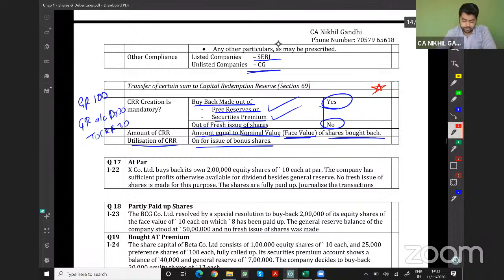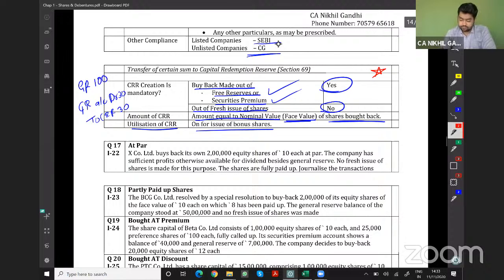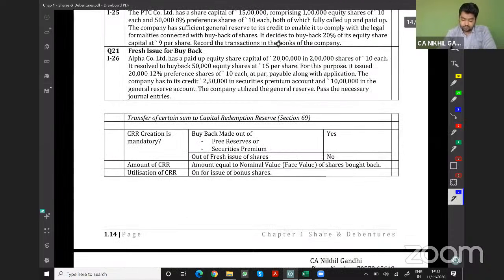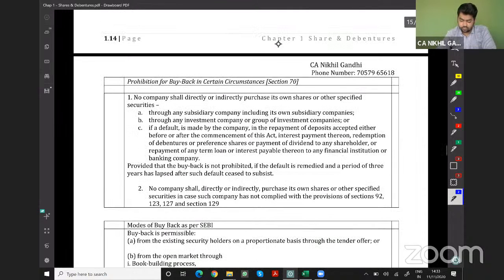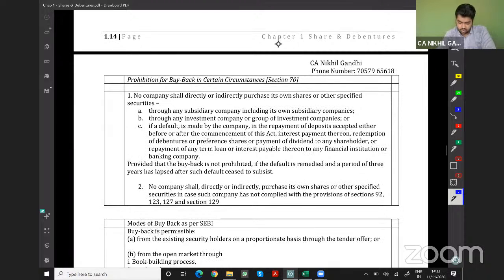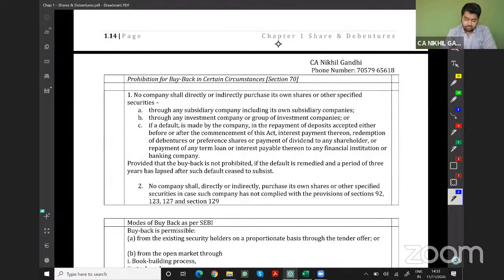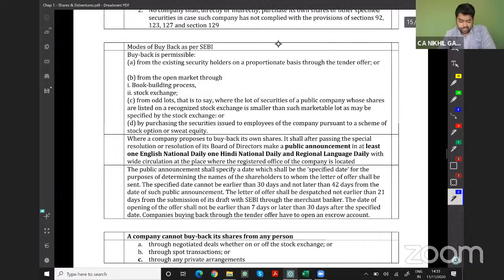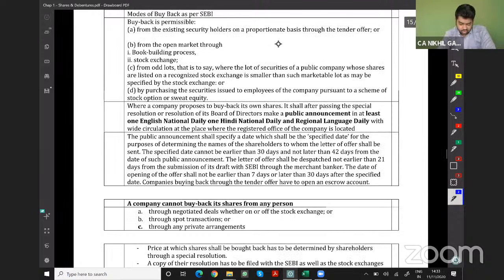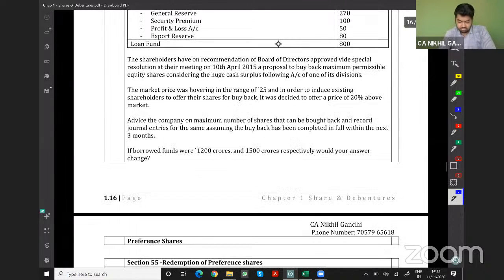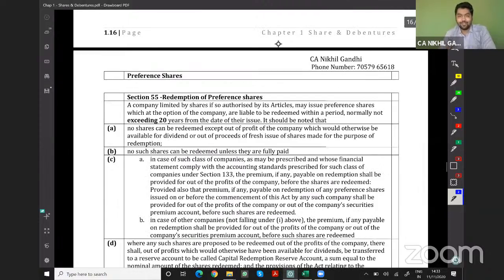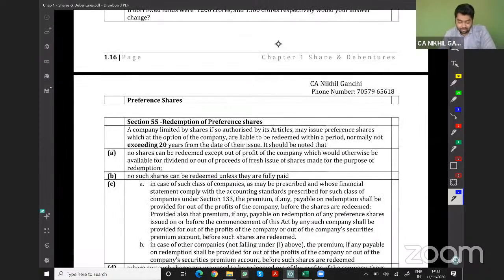This is also important. Same prohibitions which we have read earlier. Some SEBI guidelines, escrow account, and advantages of buyback, they will not ask in your MCQs.